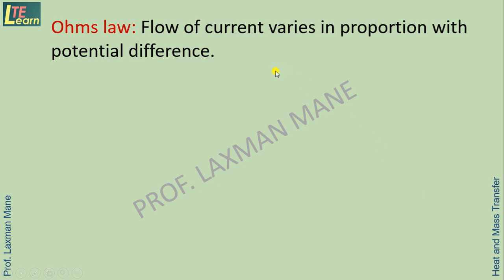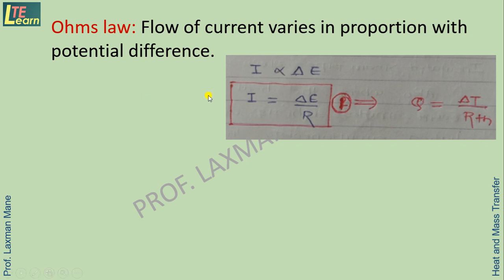We will see here Ohm's law. By the law, flow of current varies in proportion with potential difference. So it is written as I is proportional to the potential difference. With equality sign we can write I is equal to delta E by R, where R is electrical resistance.